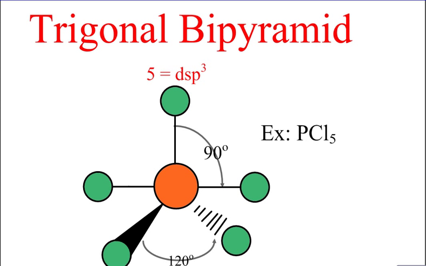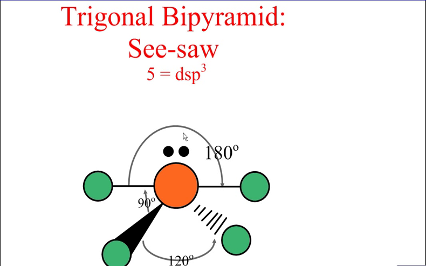In the case of the trigonal bipyramid, where we started with 90 degrees and 120 degrees along the same plane, 5 sites of electron density, therefore dsp3 hybridized. When we remove one of the bonds and replace it with a lone pair, we end up with what's called a seesaw, where we have 2 bonds that exist at 180 degrees, and they have the lone pair between them.